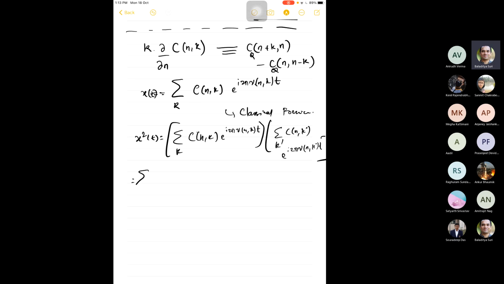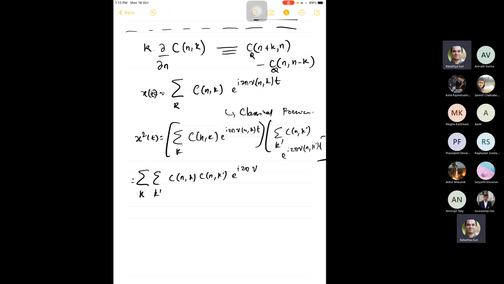This becomes a double summation over k and k' of C(n,k) C(n,k') e to the power of i 2 pi (nu(n,k) plus nu(n,k')) t, which is nothing but k times nu of 1 plus k' times nu of 1, which can be written as nu(n, k+k') t. Is everybody happy with this formula?